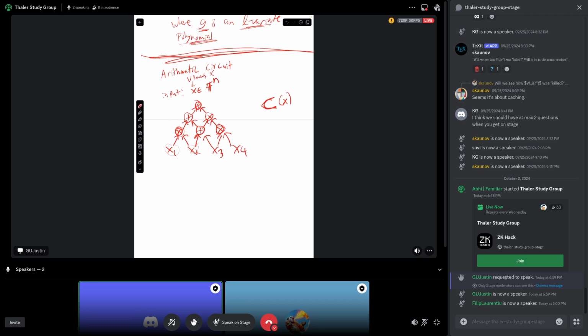The claim that the GKR protocol establishes is that C of X equals Y. So here, let's say the verifier also knows the claimed output Y. And again, the way the GKR protocol worked was it applied the sum check protocol once per layer of the circuit. So for this circuit, there'd actually be like 3 invocations of sum check.